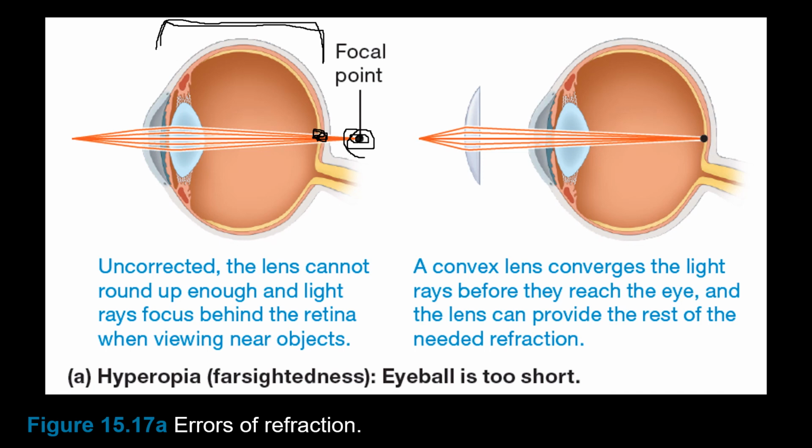So all those rays that hit the macula lutea are unfocused. So then we add the corrective lens, providing additional refraction, and then that focuses the light in the proper area. And this is what? This is hyperopia, farsightedness.